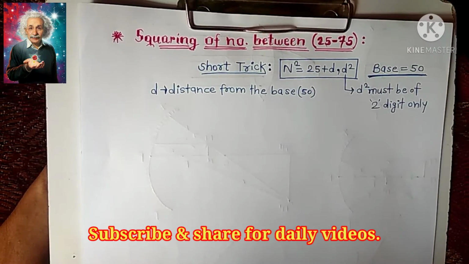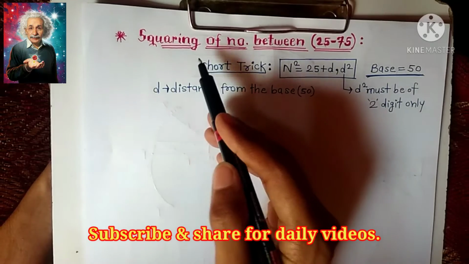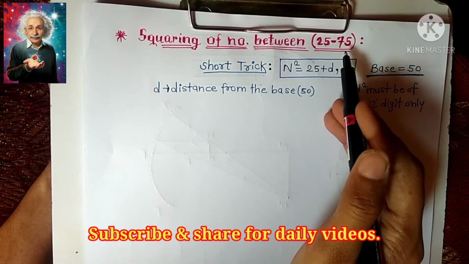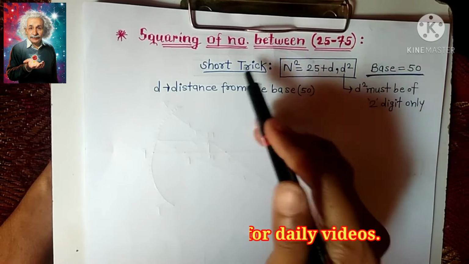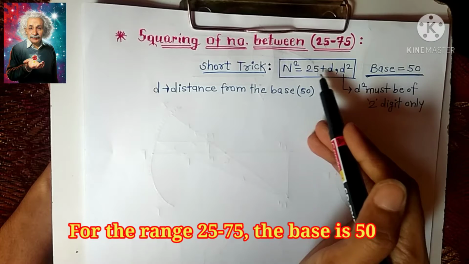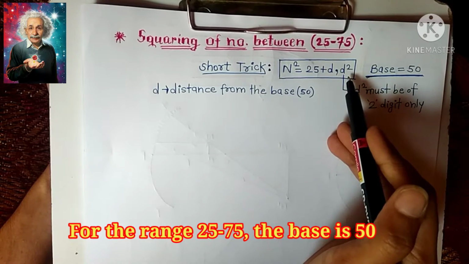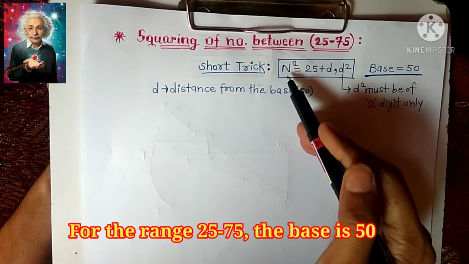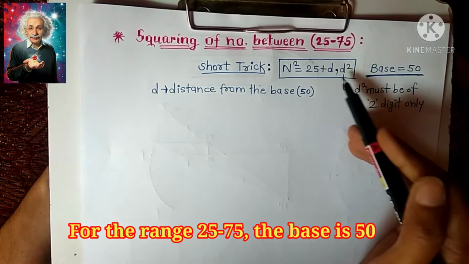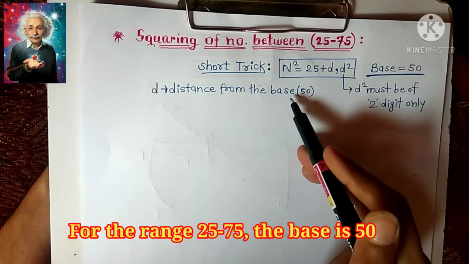Today, we will see how to square the numbers between 25 and 75. The short trick is n square is equal to 25 plus d comma d square. Here n is the number whose square we have to find and d is the distance from the base.